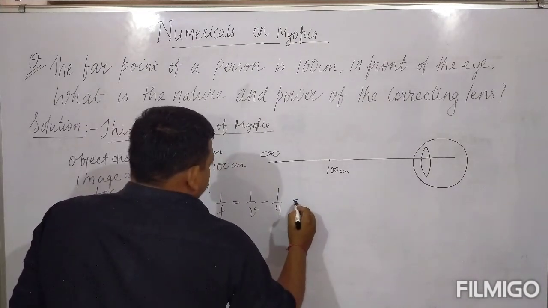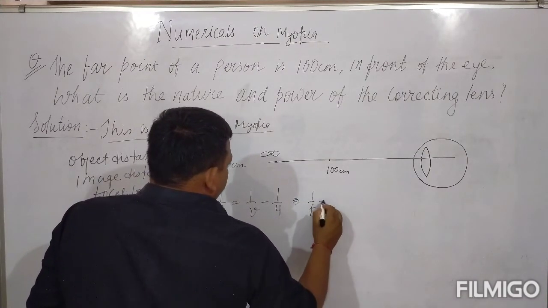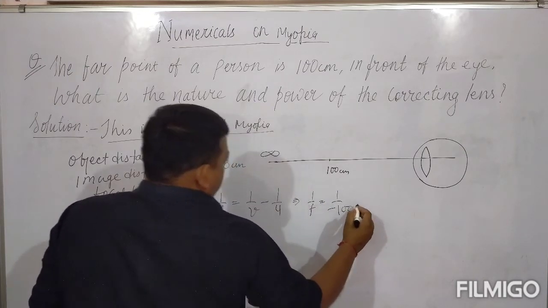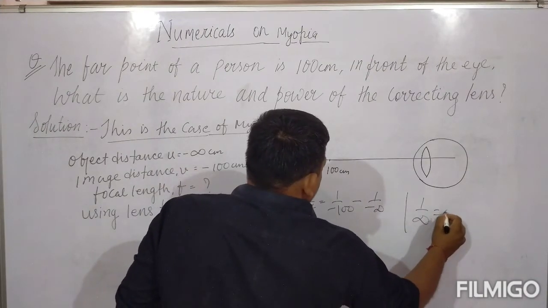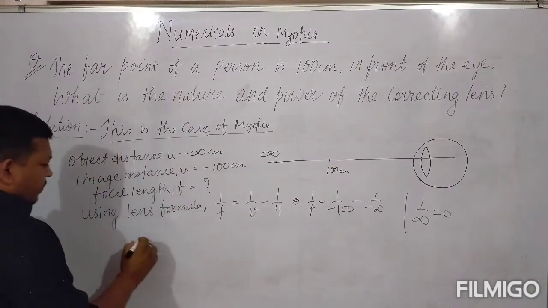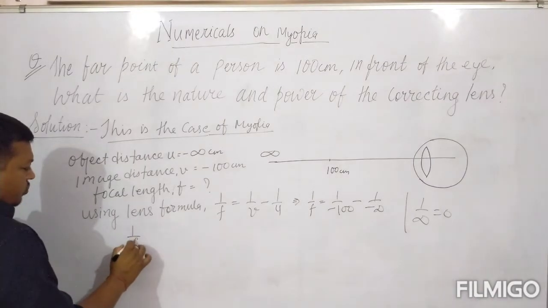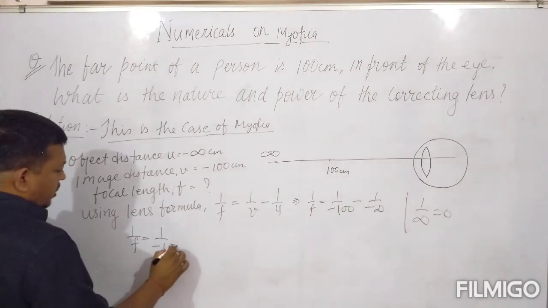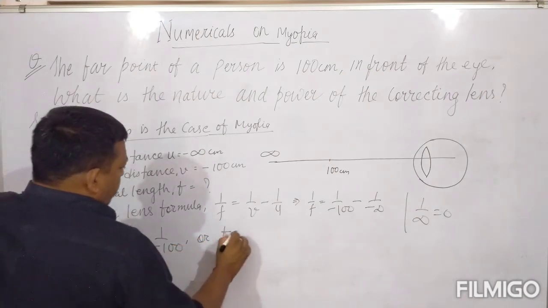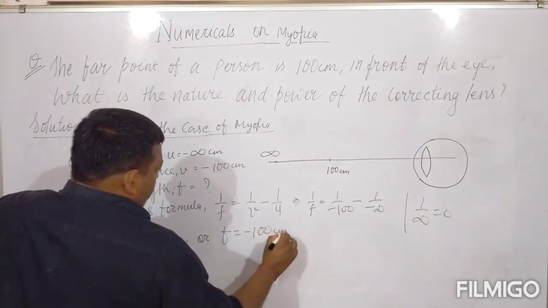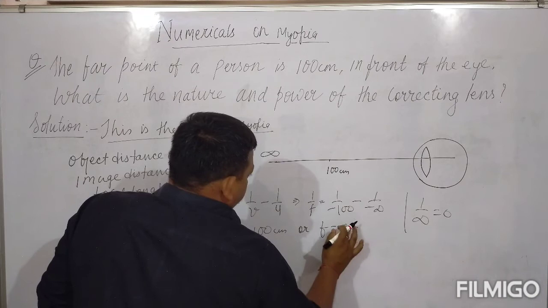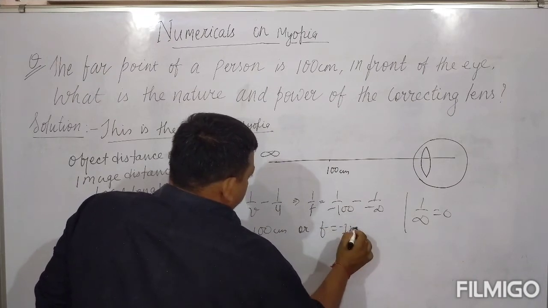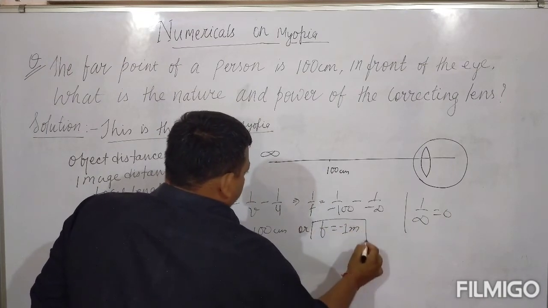Putting the values, 1 over f equals 1 over minus 100 minus 1 over minus infinity, and we also know that 1 over infinity equals 0. So 1 over f equals 1 over minus 100, or f equals minus 100 centimeter, or f equals minus 1 meter. This is the answer. We have calculated the focal length.